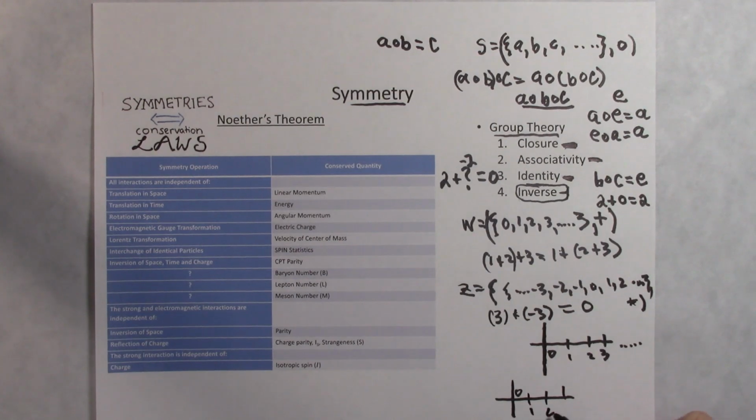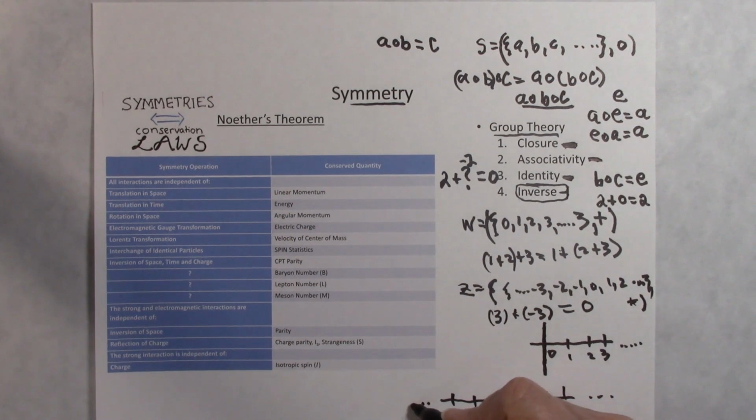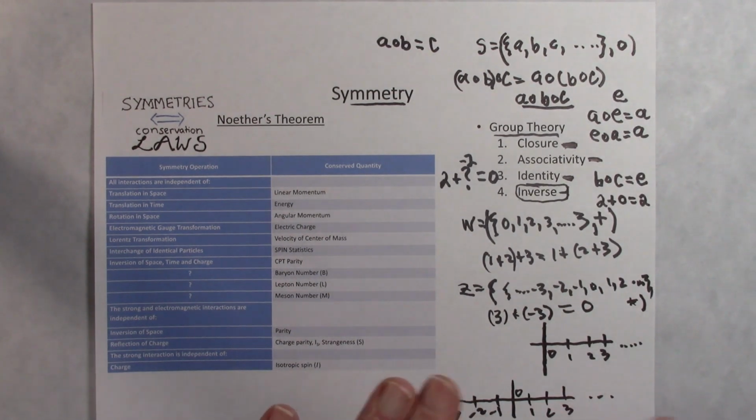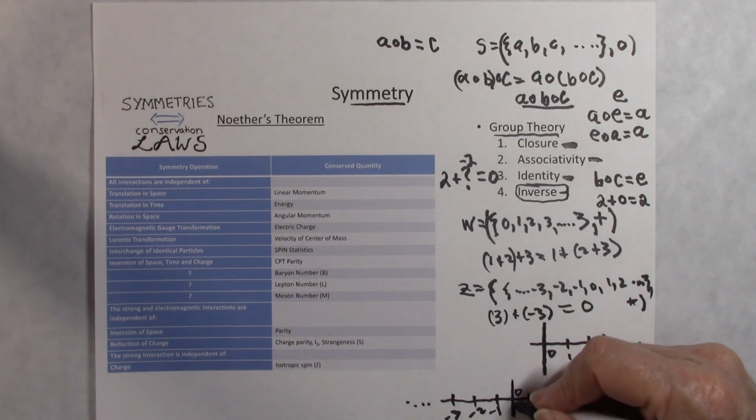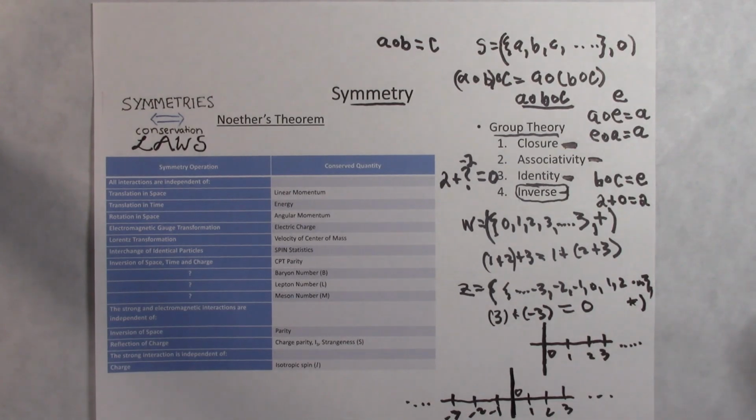This would be 1, 2, 3 on down. But then over on this side, we would get -1, -2, and -3, and so on down. And you can see that there is a kind of balance here. One side of this axis looks just like the other side, like it's in a mirror. And so you get this idea of symmetry in that sense, where it's a balance, and you can see intuitively how this works.